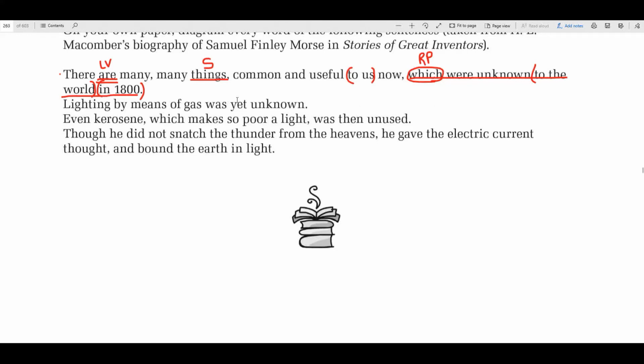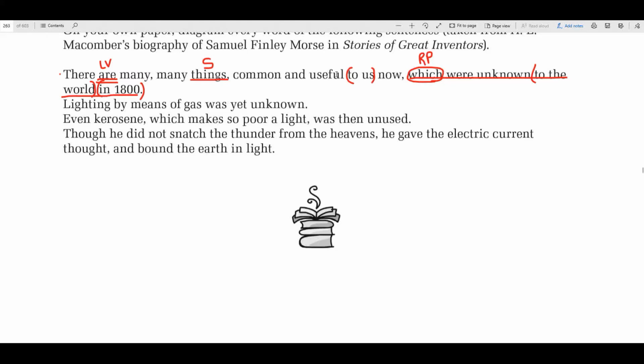All right, and we never did say what common and useful are. This is a conjunction. So things are common and useful. These are not, actually, I'm looking at the answers right now, and for some reason, they did not list those as a predicate noun or predicate adjective, and I'm not real sure.